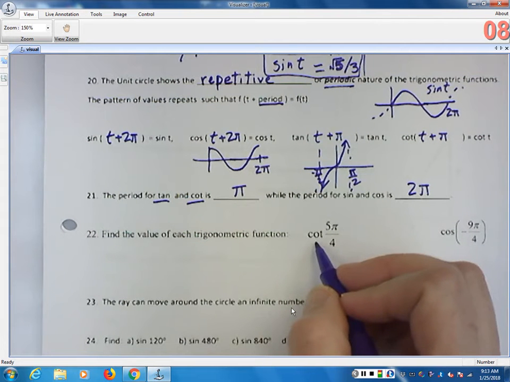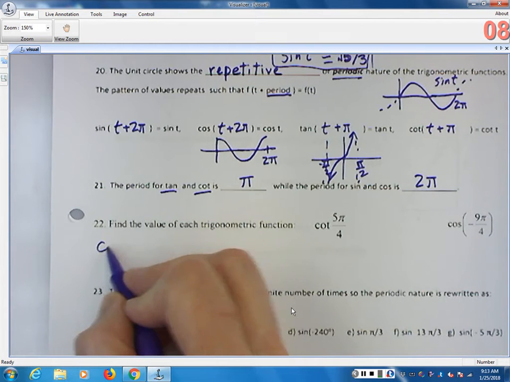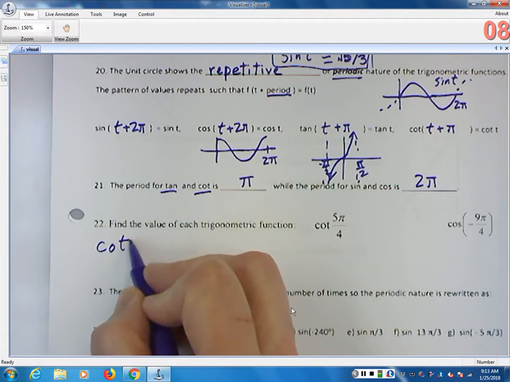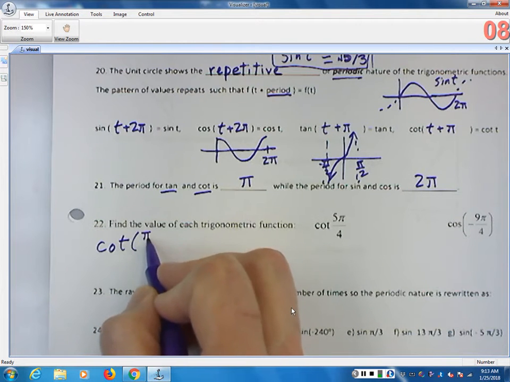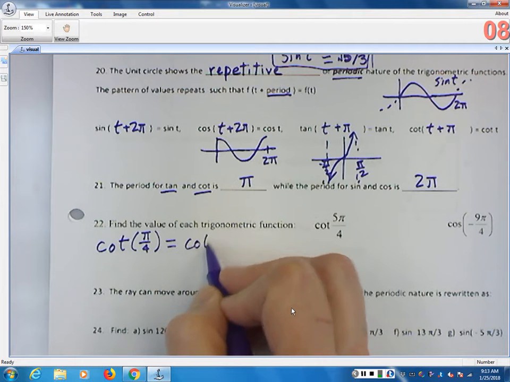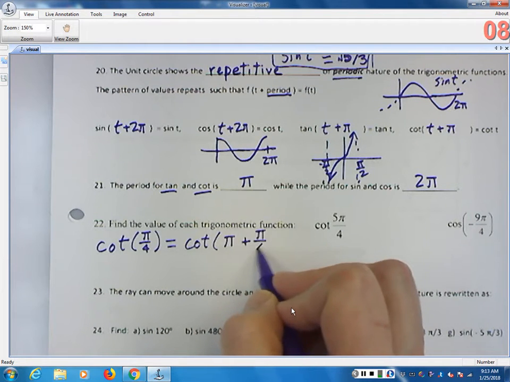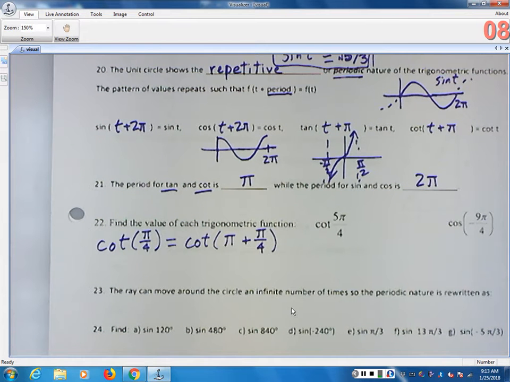We're going to use what we just learned: cotangent of pi over 4 will be equal to cotangent of pi plus pi over 4, and that equals 5 pi over 4.